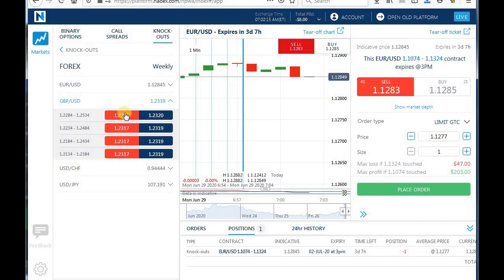1, 2, 3, 4. I'm going to show you an easy way to look at this. If I'm going to sell, I'm going to sell the lowest strike here. If I decide to do that, then I'm going to have the least amount of potential risk, and that is related to the next knockout, and this next knockout.